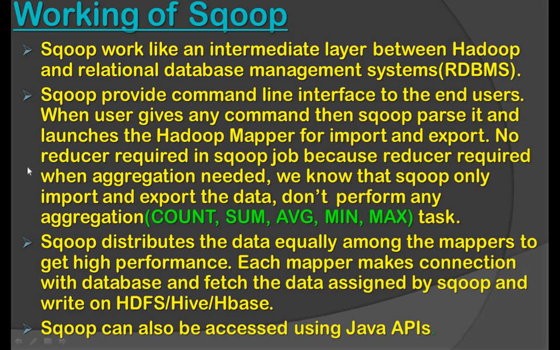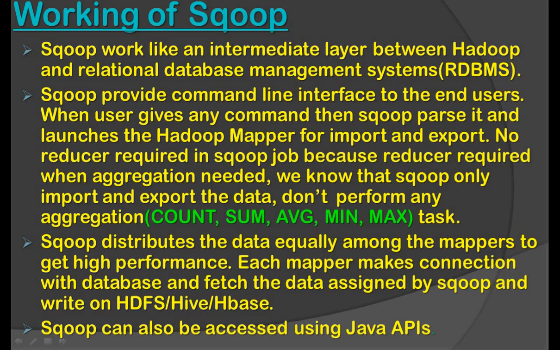No reducer is required in a Sqoop job because a reducer is required when aggregation is needed. We know that Sqoop only imports and exports the data, and does not perform any aggregation task.